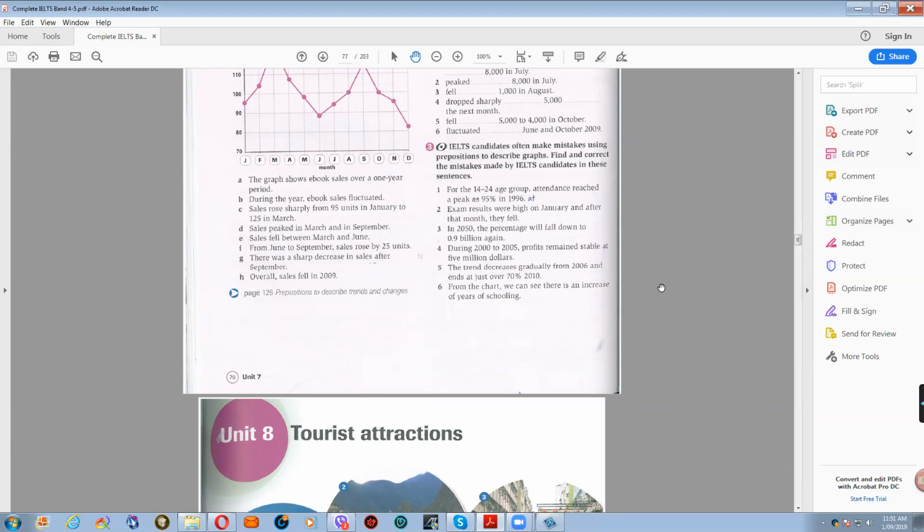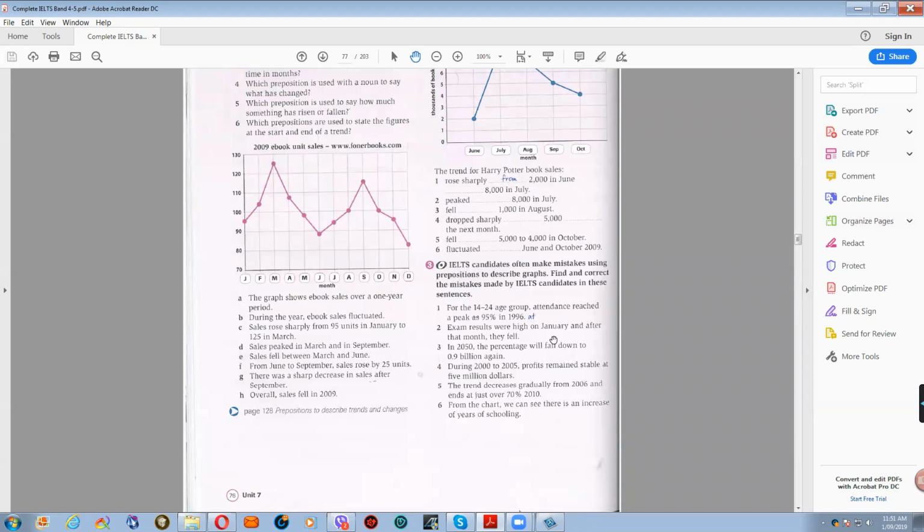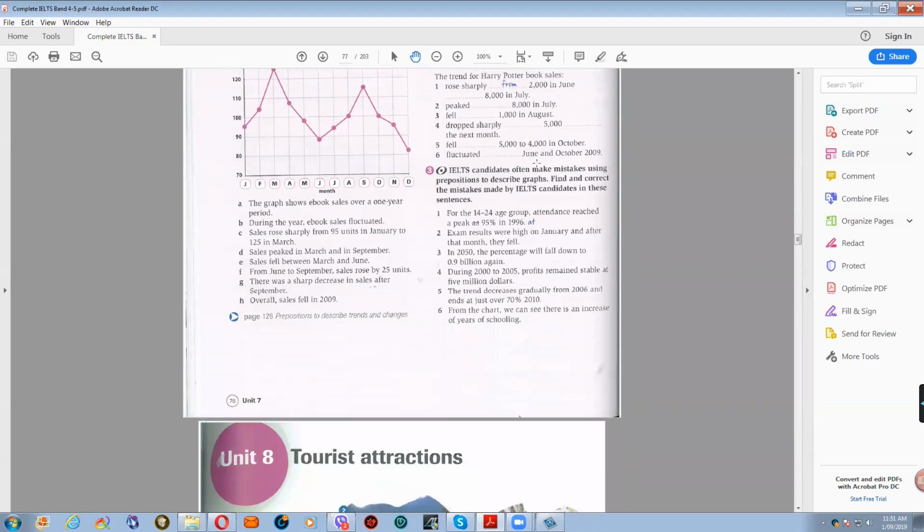High change, increase. No. We're only looking at prepositions. Oh, in July, in January, yes. Or during January. In 2050, the percentage will fall down.